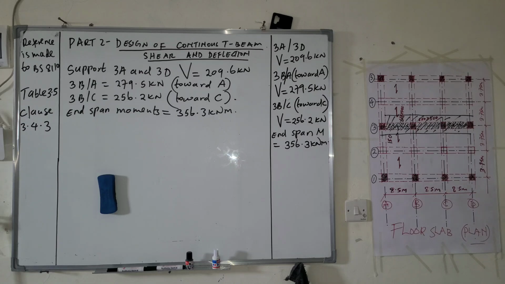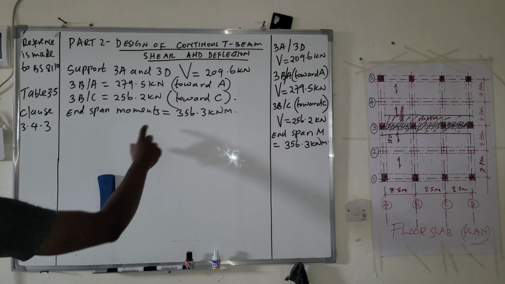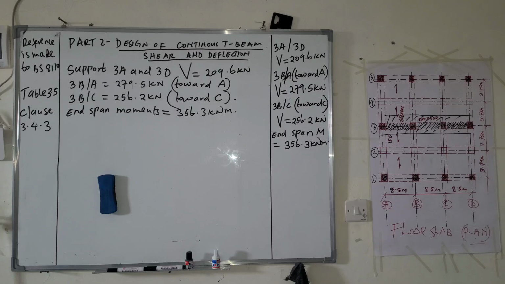And this information you can see on the whiteboard is the information I have picked from the previous calculation so that it can help us in solving shear and deflection. Remember, in our previous section, we had a table that helped us to determine bending moment and shear force for various support and spans.